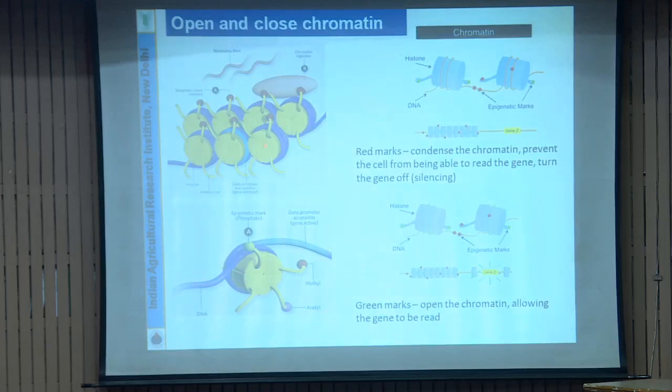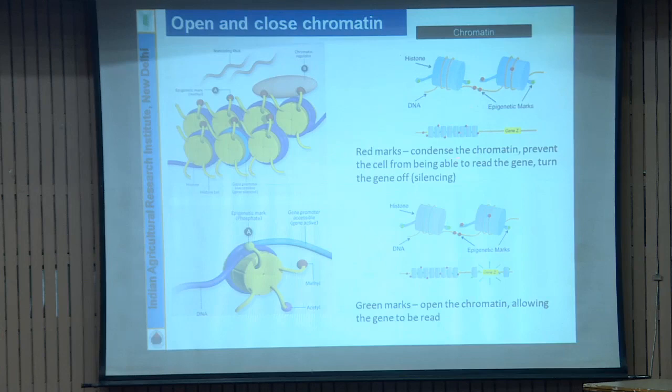This is a picture which I have kept to show you. This is chromatin in which nucleosomes are tightly packed to each other. These are N-terminal tails, amino acid tails, and these red marks are the small groups like acetyl groups, methyl groups, other kinds of groups which are added to these histone proteins.